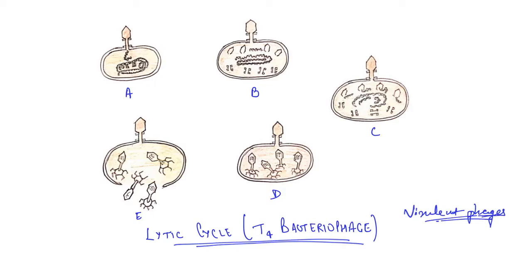Now, as you can see in this structure A, this is the phage, which attaches itself to the host cell. Here the host cell is E. coli.